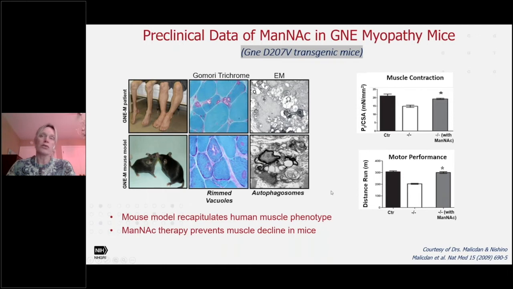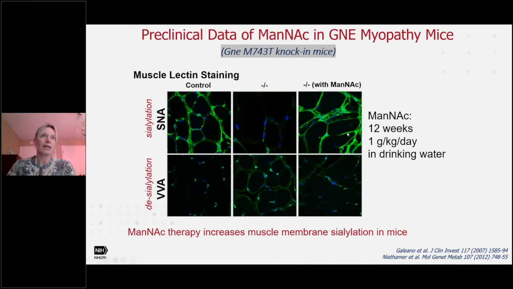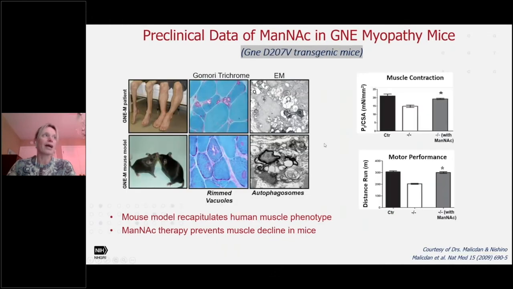This was in Dr. Nishino's group, and they tested muscle contractile performance, mostly muscle-related strength, in these mice after ManNAc therapy, and they saw it increased compared to no therapy, indicating that the resialylation that we see with the lectins in our mice likely also occurred in the Japanese mice, although they did not do lectin staining on these mice, but they saw the increase in strength. So these are very strong preclinical data for ManNAc therapy.